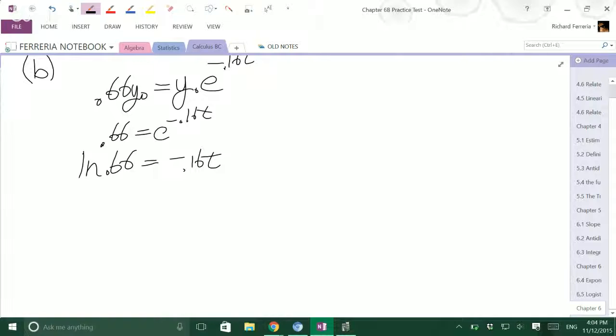Finally, t will be equal to log of 0.66 on negative 0.16. Again, it's pretty much the same problem, only we're not using half-life this time. I'm getting 2.5969.